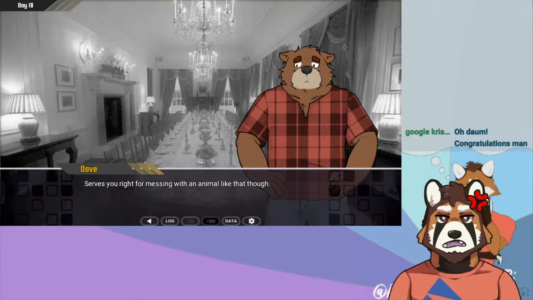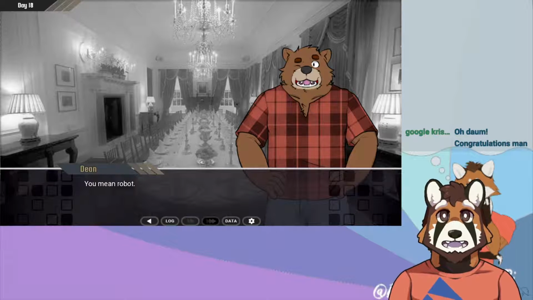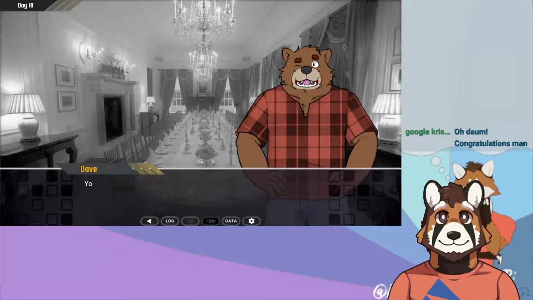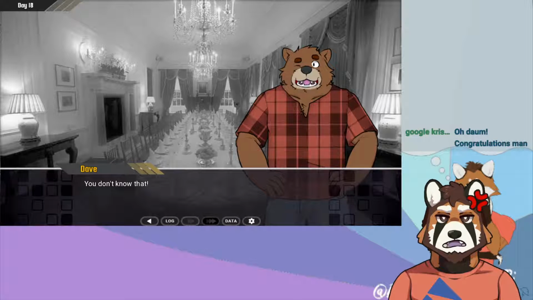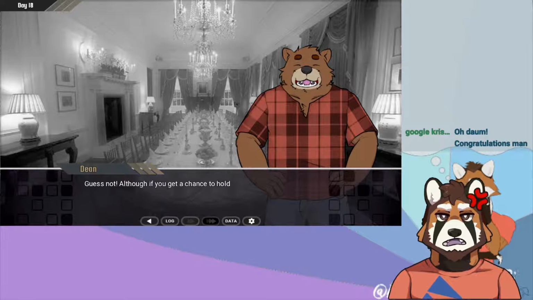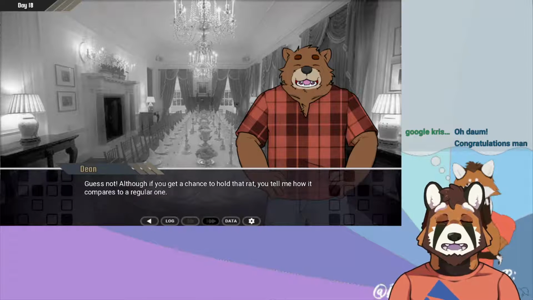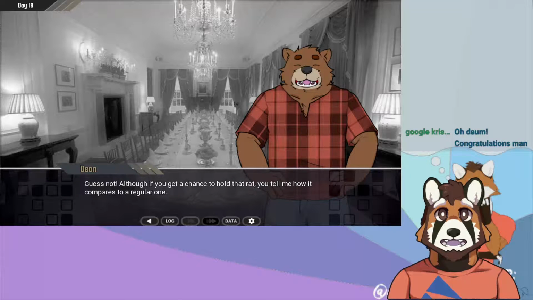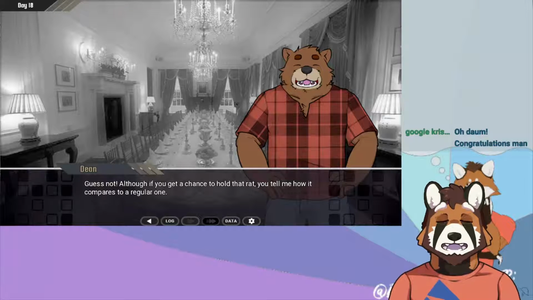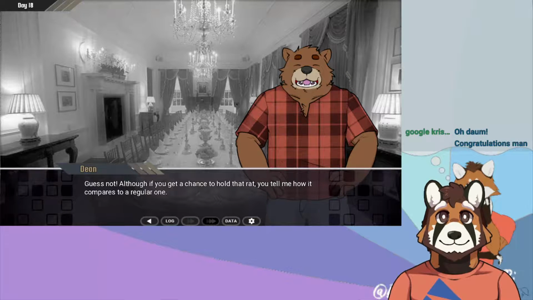Serves you right for messing with an animal like that, though. You mean robot? You don't know that! Dave, don't give yourself away. Guess not. Although, if you get a chance to hold that rat, you tell me how it compares to a regular one.